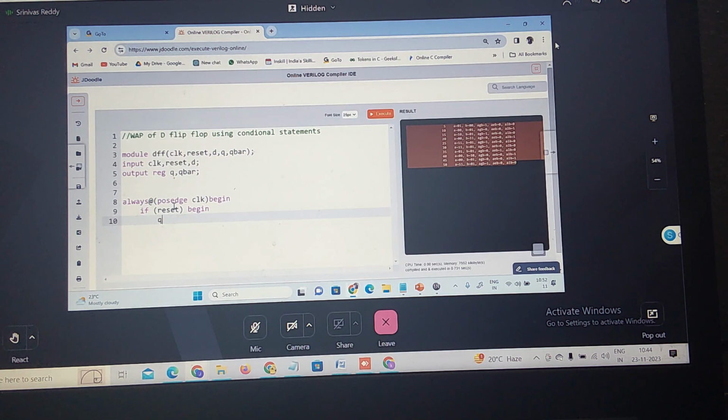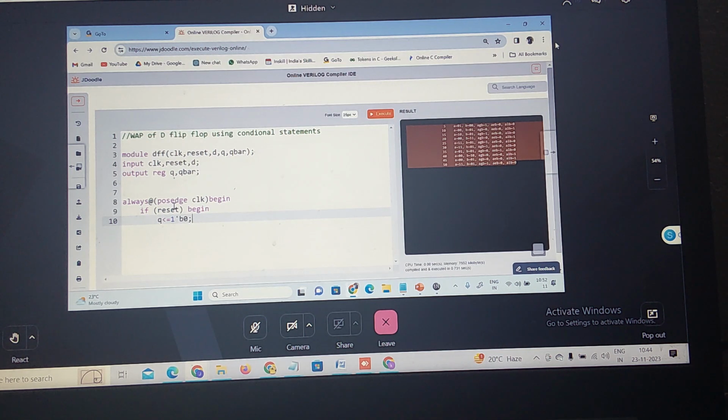This is a sequential part, so what procedural assignment can I go with? Non-blocking procedural assignment. Even blocking can be used here, and we saw some differences between blocking and non-blocking, but since I am talking about sequential logic, I can use the non-blocking statement. Q is less than or equal to 1'b0, or if you write 0 also fine.